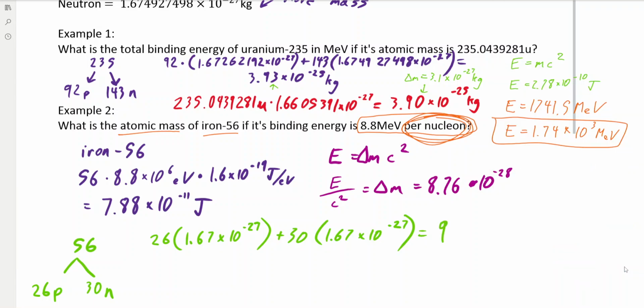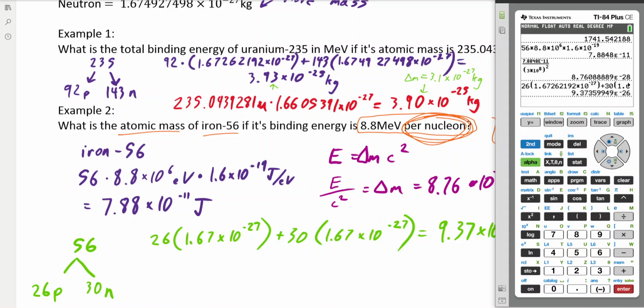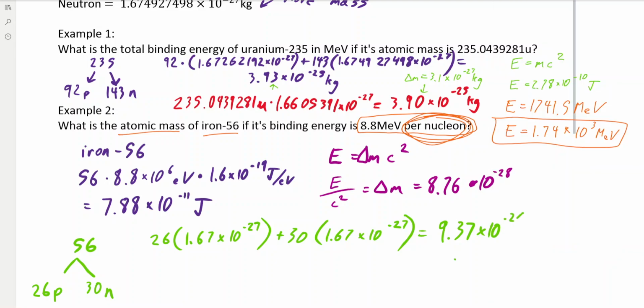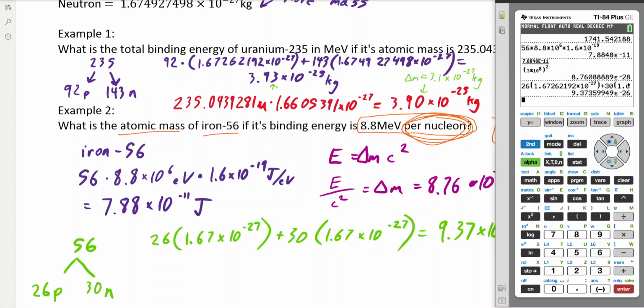So 9.37 times 10 to the exponent negative 26 is what we would expect to get in terms of kilograms. But we know that it's going to have a mass defect of this much, 8.76. So that means that we have to add that amount back in, or subtract that amount, I should say.